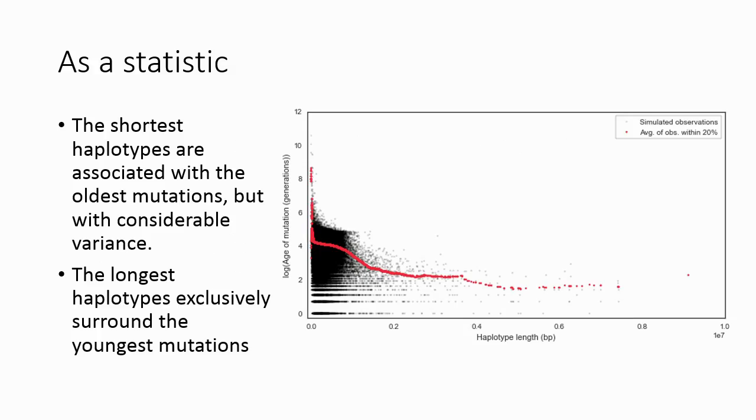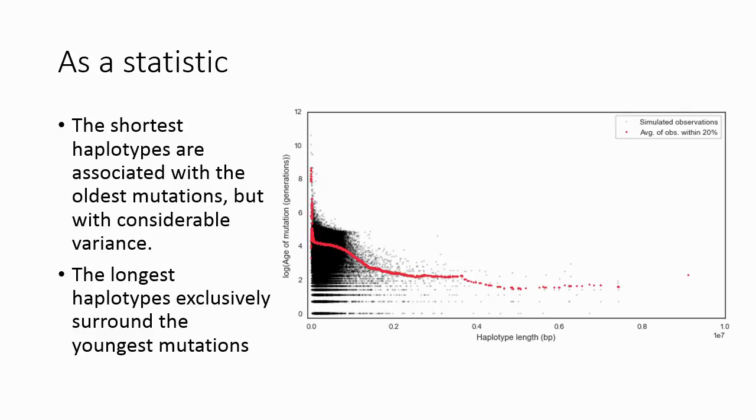And before we get into how the statistic actually works, I'm going to tell you that it does work, right? Knowing nothing else, we can just simulate a big population, pull out a bunch of singletons from it, ask what this statistic is and what the age of that variant is, and indeed the longest haplotypes are exclusively associated with the youngest alleles. The shorter the haplotype, the older the allele tends to be.